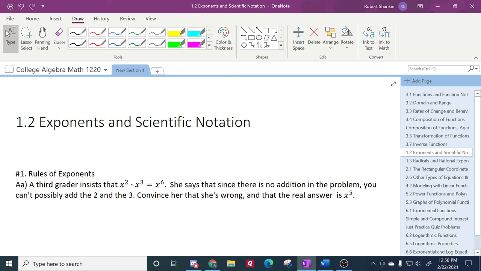Now, I want each of you to type something into your group chat about how you're going to try to convince her. I'm going to put more weight on arguments that get into a little more depth rather than saying this is just the rule, just forget everything else and memorize this rule. Because that's what she's struggling with, and that's the kind of thing that I struggled with.